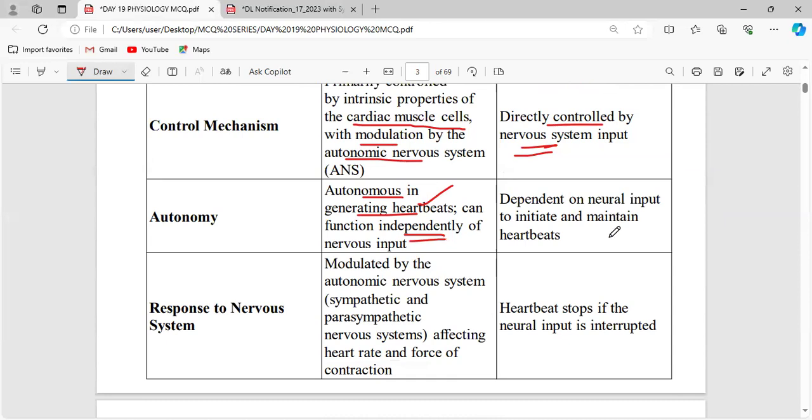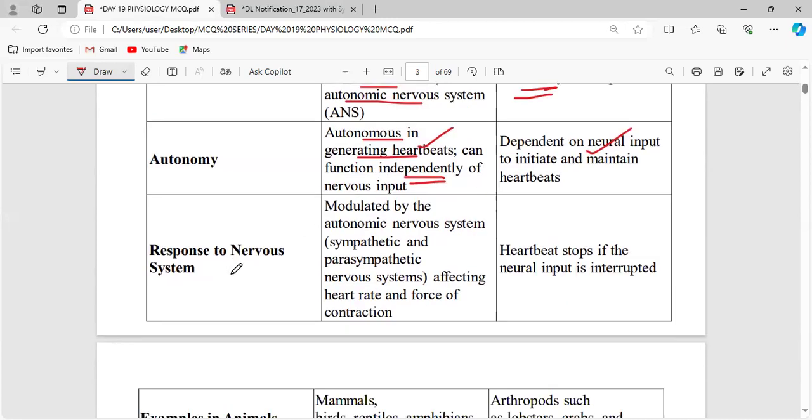But in a neurogenic heart, the heartbeat comes under the control of a neural input and is completely dependent on the nervous system. Now, the response to the nervous system: in a myogenic heart, it is modulated by the autonomic nervous system, which affects the heart rate and force of contraction.